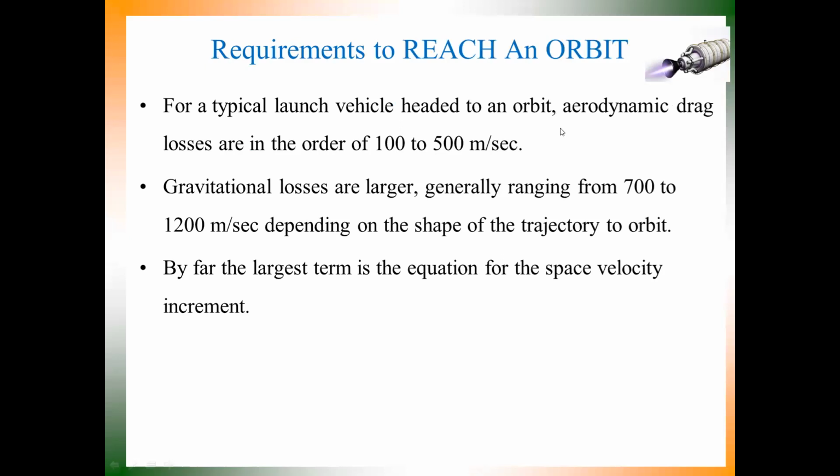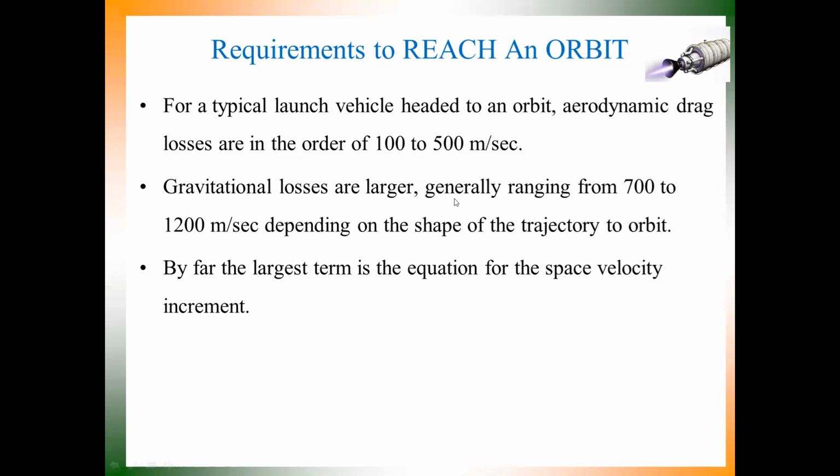Some requirements to reach an orbit. For a typical launch vehicle headed to an orbit, aerodynamic drag losses are in the area of 100 to 500 meters per second. This is the loss because of aerodynamic drag.